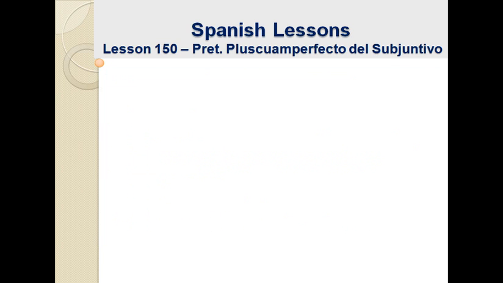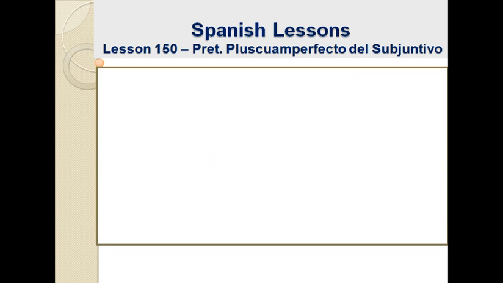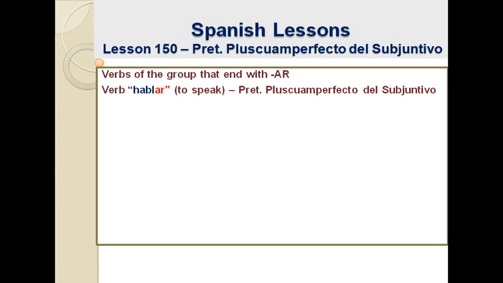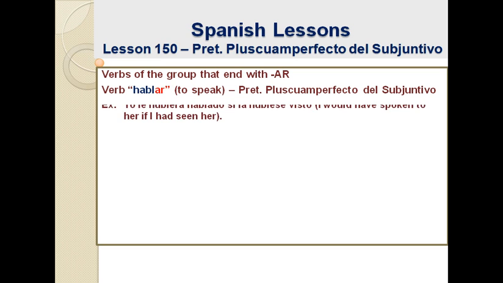As usual, we will begin with the first group of Spanish verbs, the group of verbs that end with letters A and R. We'll choose the verb hablar, or to speak, as an example. Look at this sentence to see when we use the pluscuamperfecto del subjuntivo.